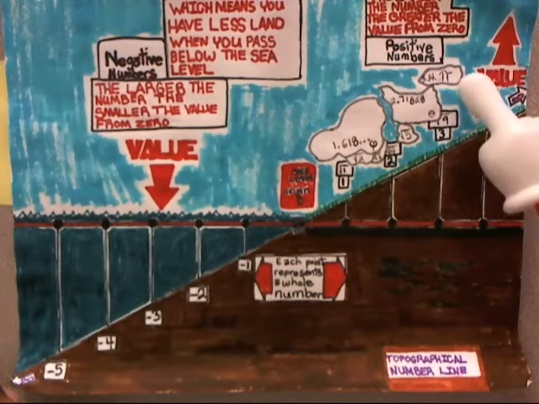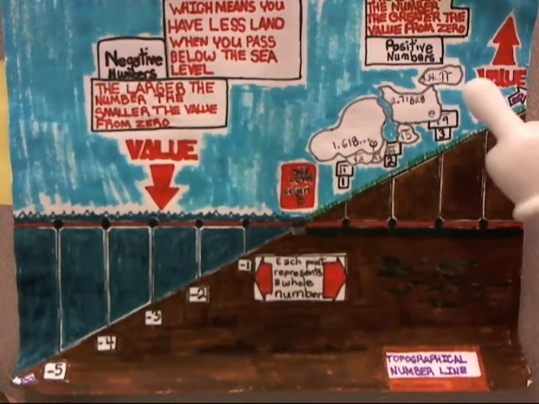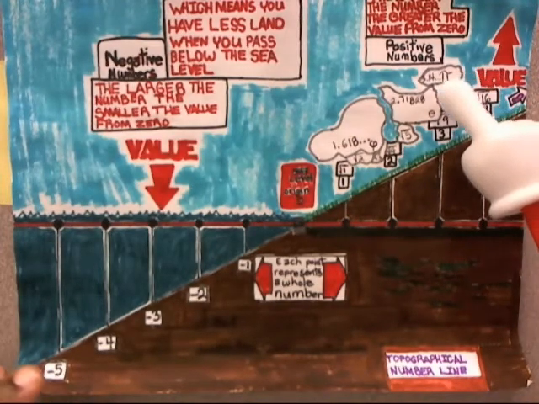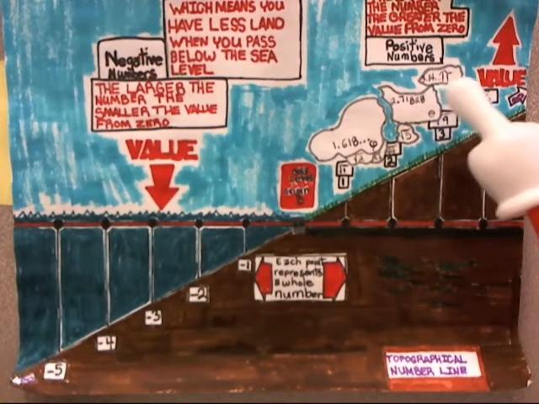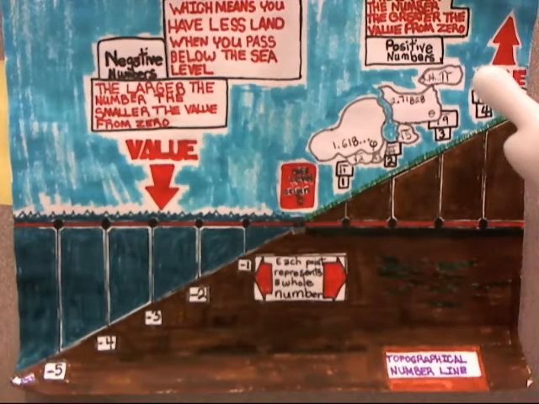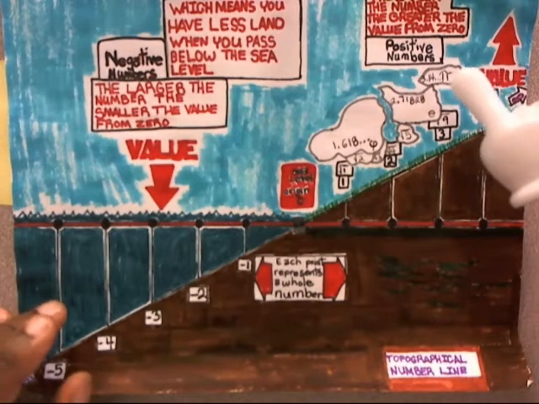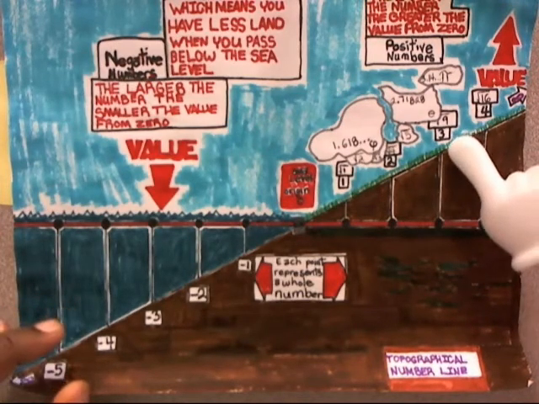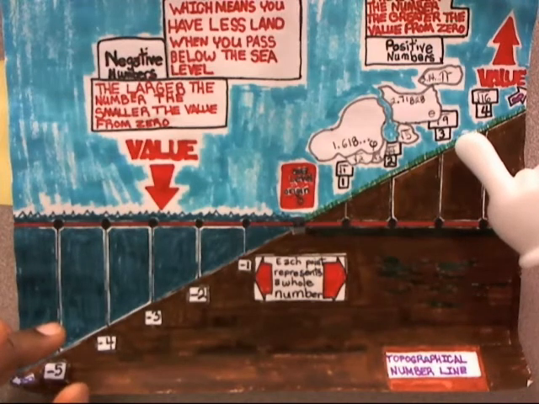Up above it, a little bit to the right, is 3.14, or pi. That decimal goes on forever and ever, so that is not a rational number. It is an irrational number. And if you notice, it sits a little bit to the right of the 3.